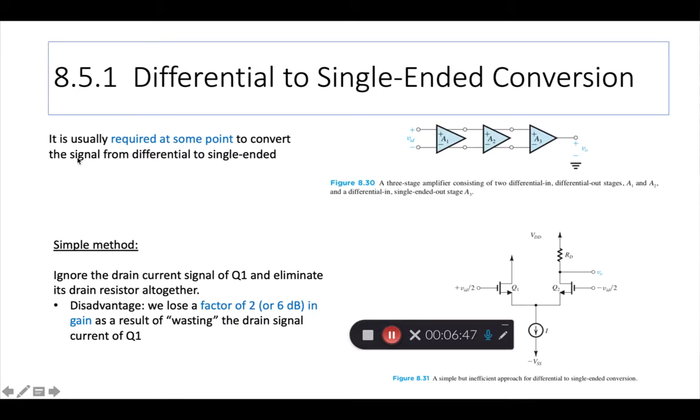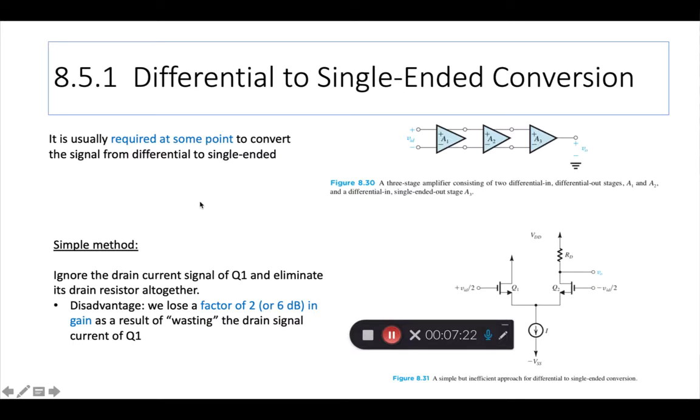So the point he's making is, in any such amplifier with many stages, and obviously we'll study multi-stage amplifiers in the next lesson, almost always it is required at some point to convert the signal from differential to single-ended. So you cannot avoid having to take an output as a single-ended output at some point in a multi-stage amplifier.